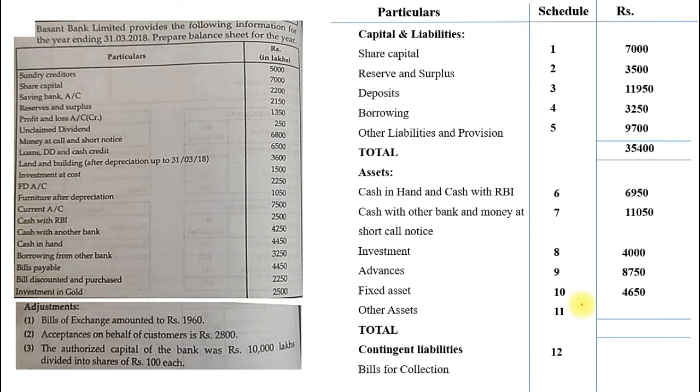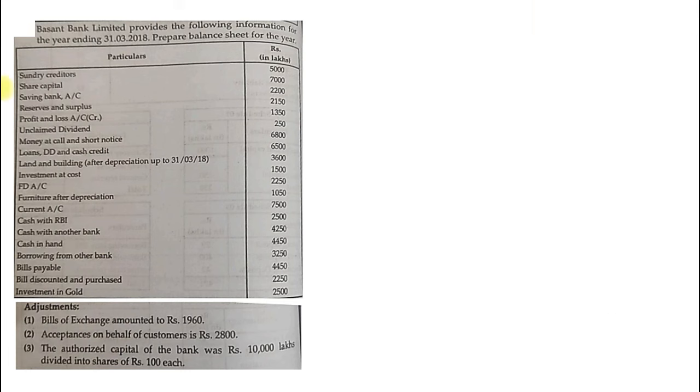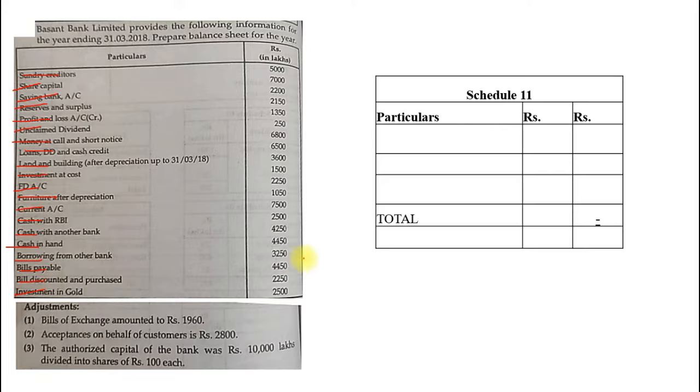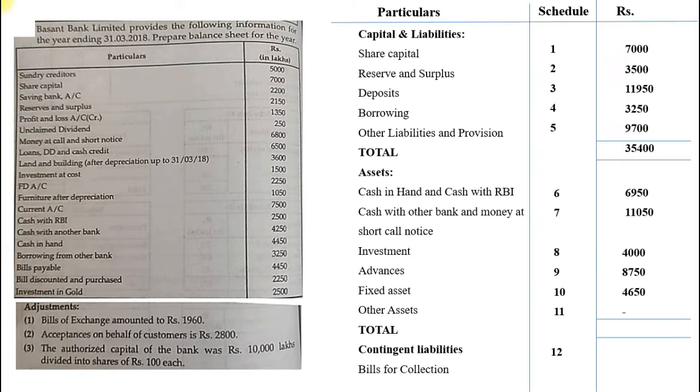Now, if you look carefully for other assets, let's check here now. Done. Whatever is pending, if you cross it out, I guess we have covered up furniture. Yes. Chalo, everything has been covered up, so there is no other assets pending here now. So there is basically no other asset under Schedule 11. So Schedule 11 is nil. When you total it up, it will come to the same value.